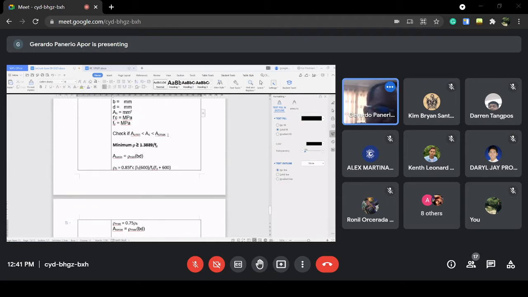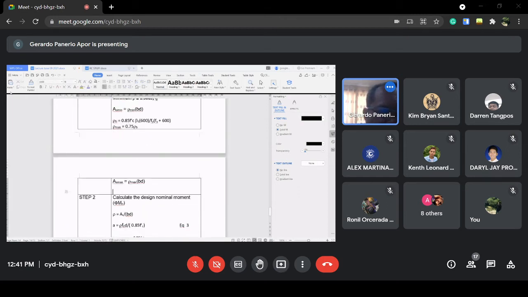Once you have the rho max, so you can calculate AS max. So check if AS is within AS max. If you find out that your AS is overshooting AS max, then you have to recalculate again. So that you can only proceed to step 2 if this one is satisfied.